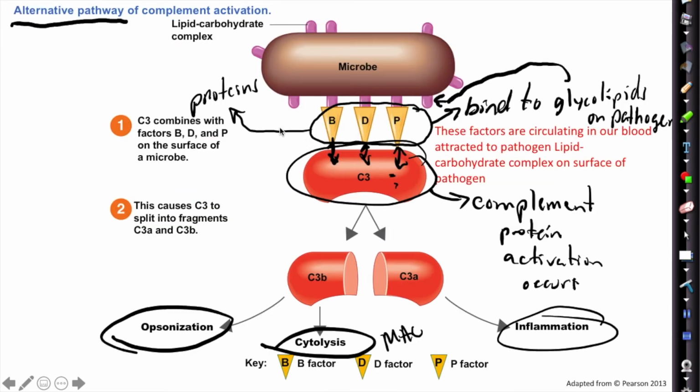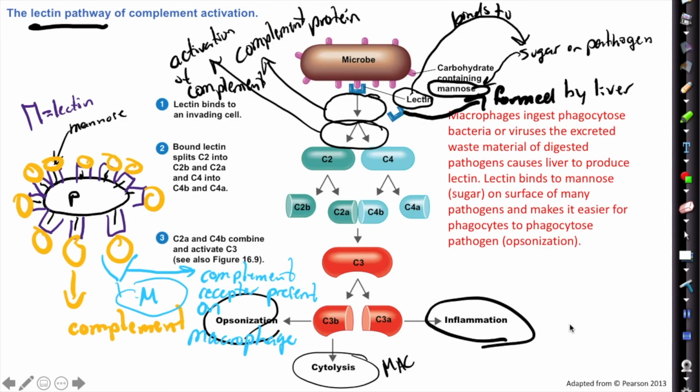So the alternate pathway does not involve antibodies. It involves these protein factors. The protein factors bind to the PAMPs on the surface of the pathogen. They then bind to the complement system on the other end, and that causes the three things that we know.